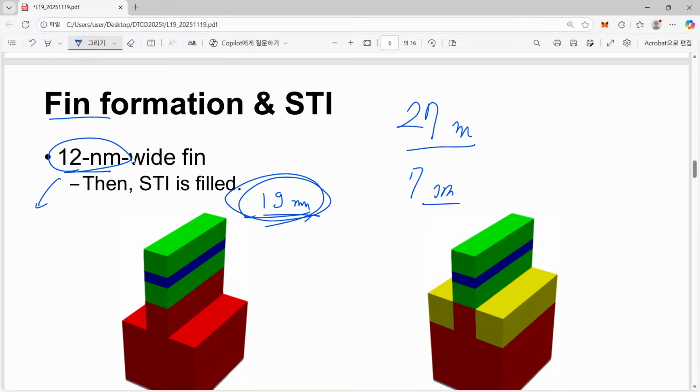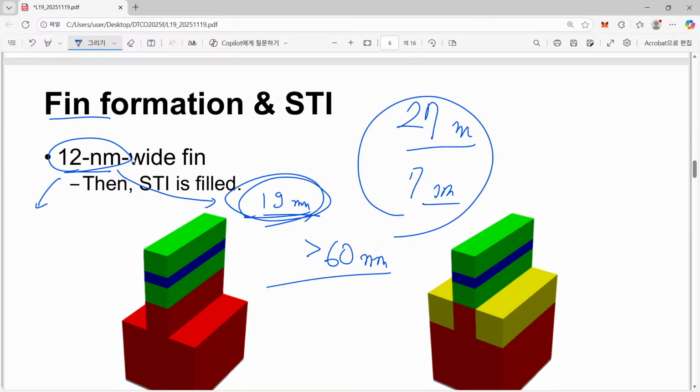So it was really difficult to make. We had to apply quadruple lithography. However, now we have a pitch longer than 60 nanometer, and the fin in a realistic case is about 20 nanometer. It is much easier to draw them, so that is good for this nanosheet case.